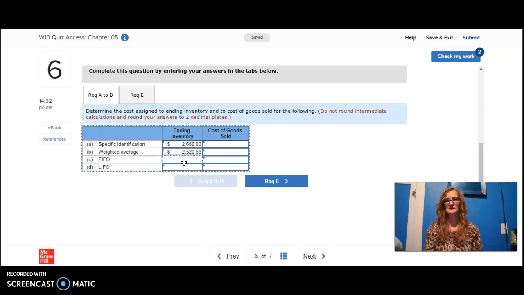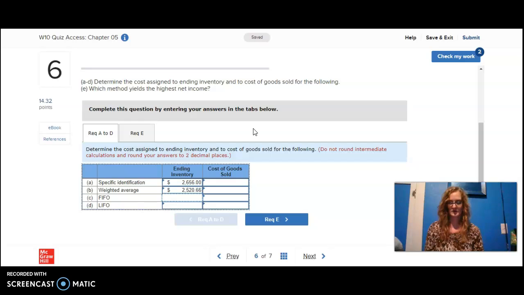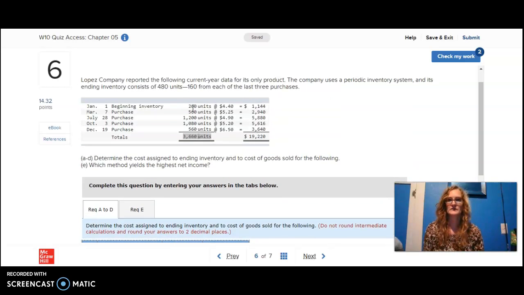And then next is the FIFO method. That assumes that the inventory is sold in the order that it's acquired. So all of these are going to sell first, and we're going to be left with these units down here. So we're going to have 480 units at the price of $6.50.